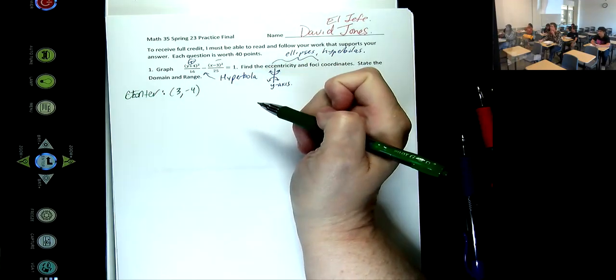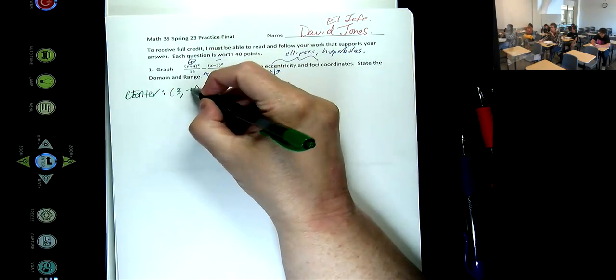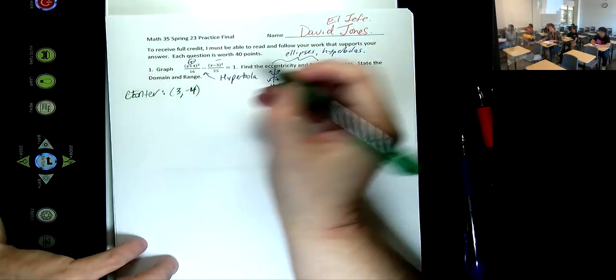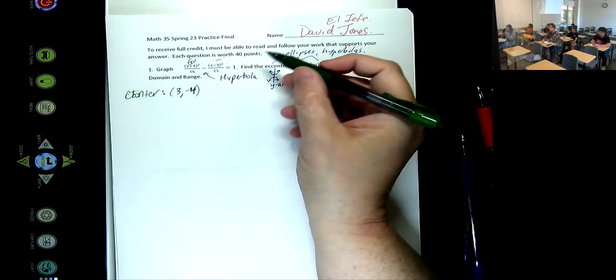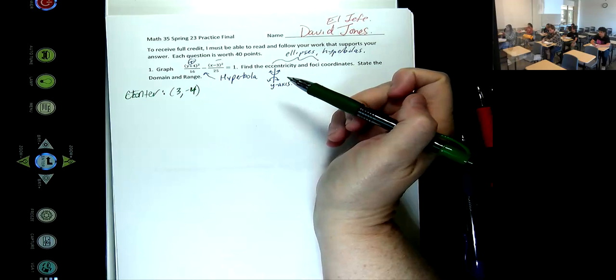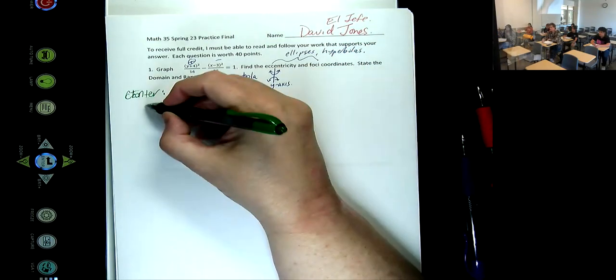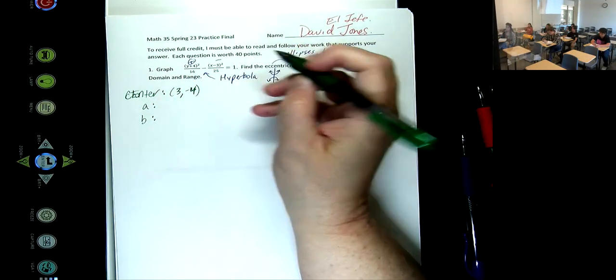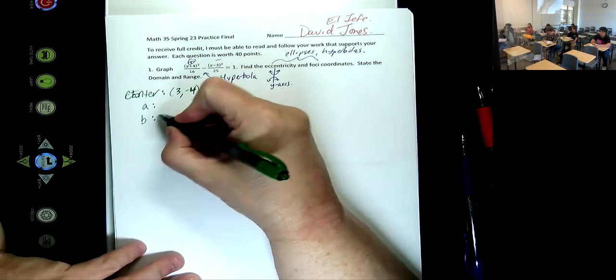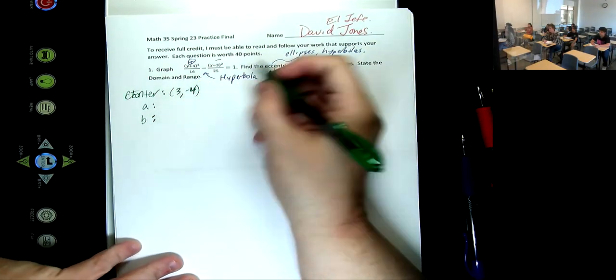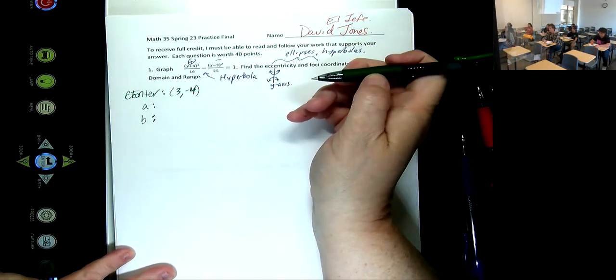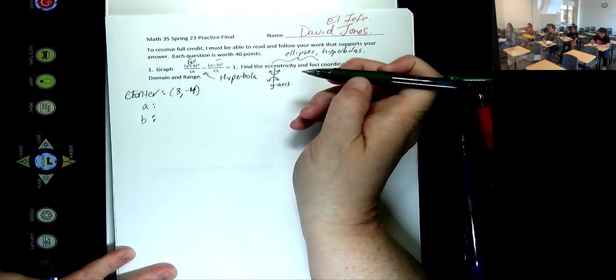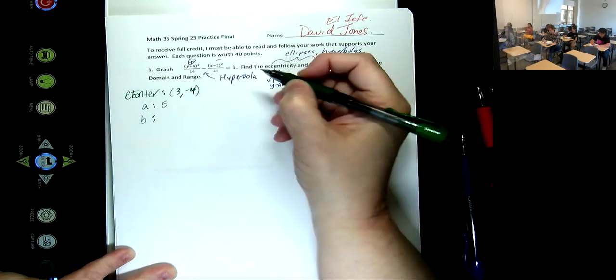It's got to go in the y spot. So we got 3, -4. And what do I do with the 16 and the 25 here? Gives me my A and B. Say it again. Okay. So I get 4 and 5, which one's A and which one's B?